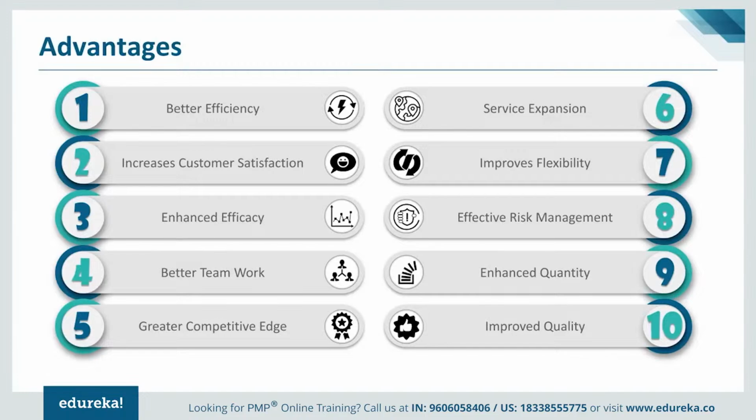There will be enhanced efficacy as well. So, efficacy, we talk about effectiveness. When you are applying the project management principles and processes, I'm sure you'll be able to work effectively on the project. So effectiveness is what you will be able to enhance by having the better project management application of knowledge, skills, processes, principles, etc. So if you talk about effectiveness, what exactly does that mean to you?